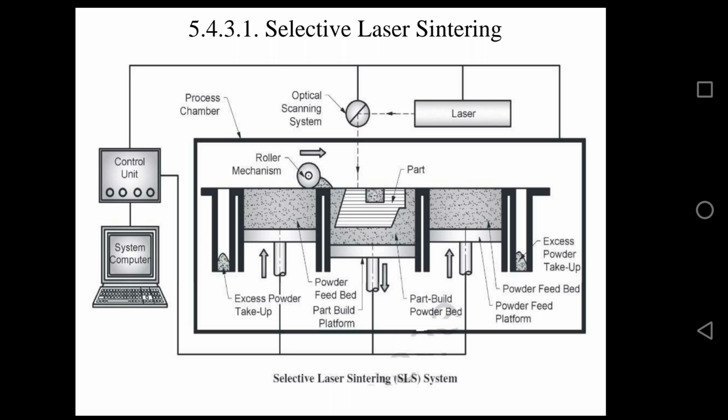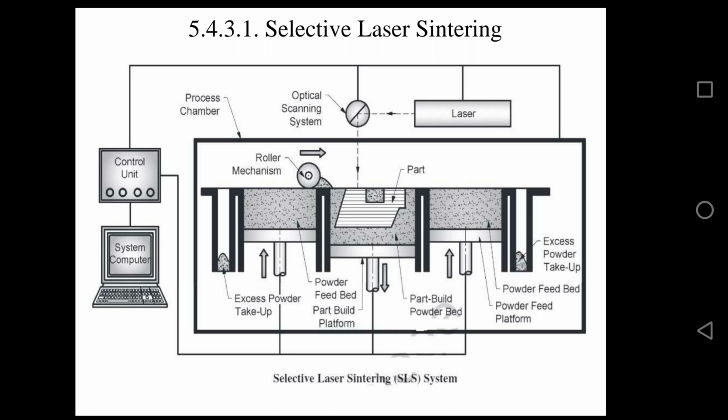The powdered polymers used in this process are thermoplastic materials, and the computer controlled optical scanning system redirects the laser beam onto the powder. The laser beam scans a layer of powder corresponding to the slice data of the 2D cross section to a depth slightly greater than one layer thickness, and carries out the sintering of the powder layer.